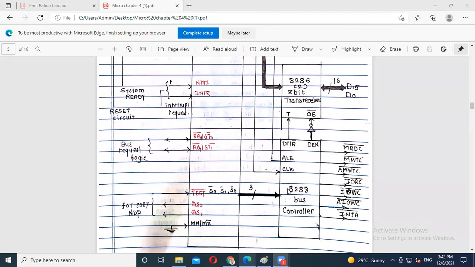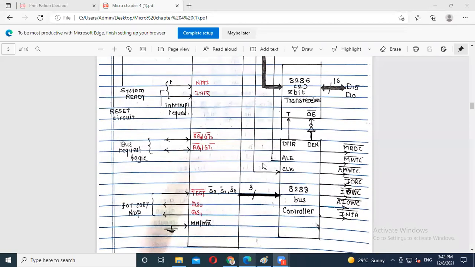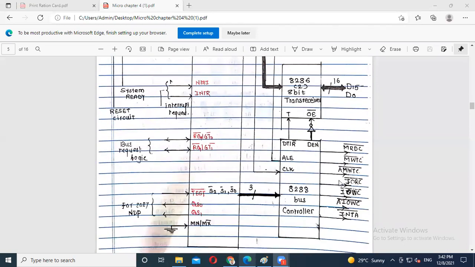Only one extra chip, the 8288, a bus controller, is used in the maximum mode configuration. Remaining all are the same. You can go and check with the diagram. If they ask about maximum mode configuration in the theory exam, you have to write the minimum mode plus this one extra chip, more than enough.